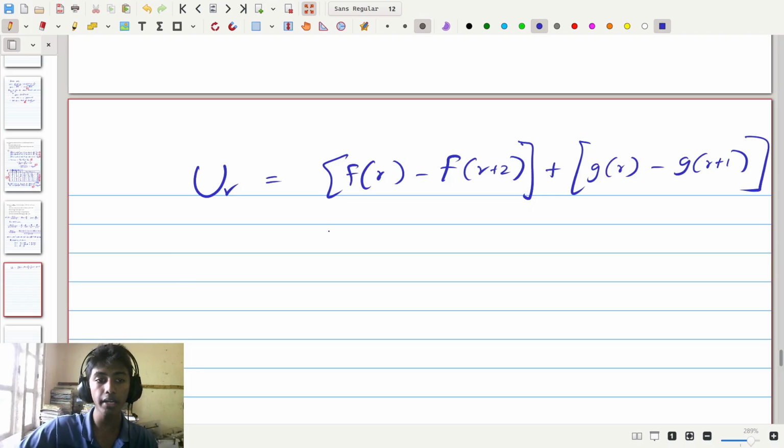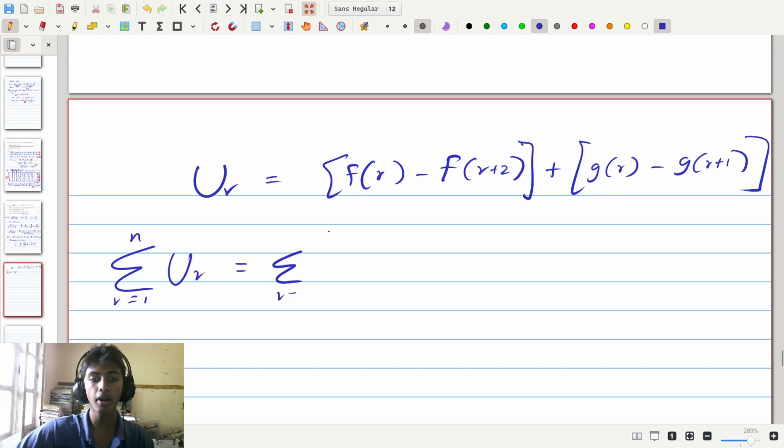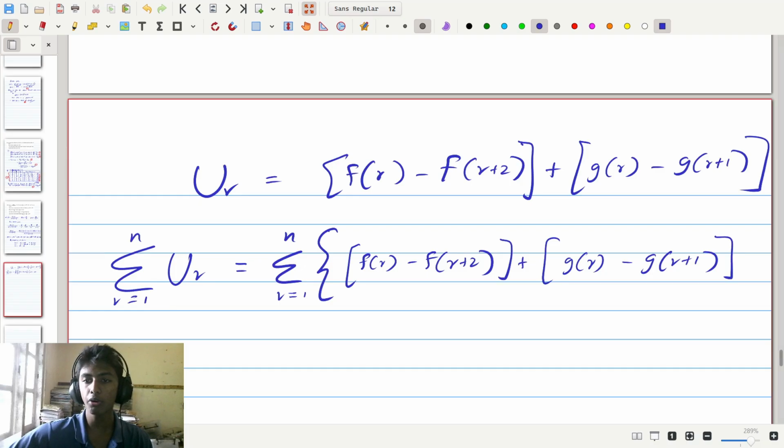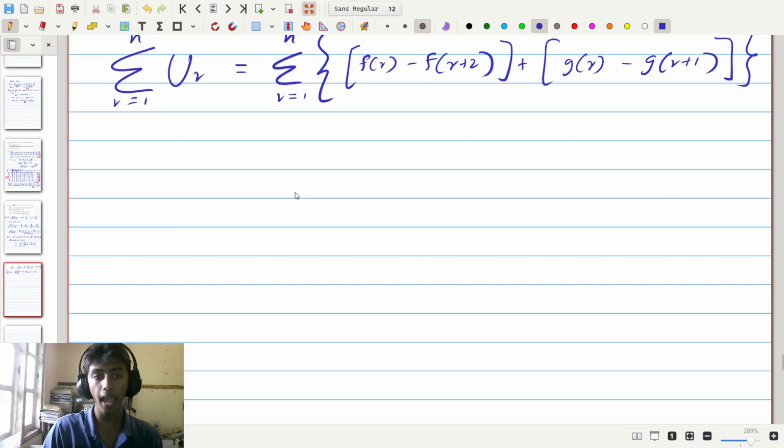If we sum this from r equals 1 up to n, we have the sum from r equals 1 up to n of u of r, and that is equal to the sum from r equals 1 up to n of all of this, which I'm going to write with the curly bracket as the sum of f of r minus f of r plus 2, and then plus g of r minus g of r plus 1. So now what we're going to do is consider the sum as r equals 1's values, r equals 2's values, r equals 3's values, and so on, and sum them all together on the left hand side and right hand side and see what we get.